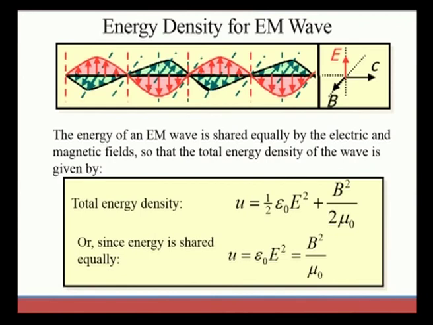Finally, we come to the end of this session. In this session we have discussed the Poynting vector, which states the rate of flow of energy per unit area of a plane wave.